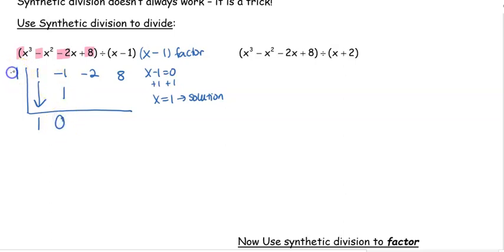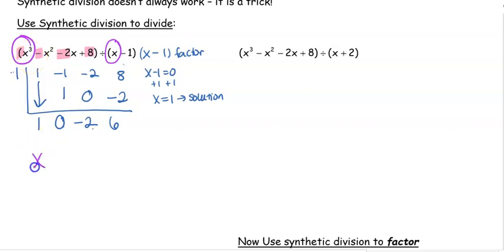Then we start over. 1 times 0 is 0. We add. 1 times negative 2 is a negative 2. We add to get 6. We started with a cubic function. I divided it by a linear function, which means I'm taking away a degree. So I'm ending up with a quadratic.